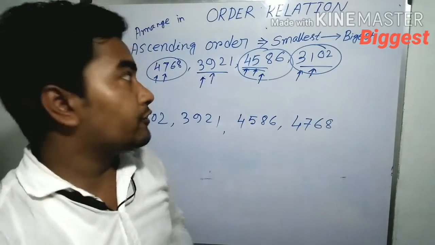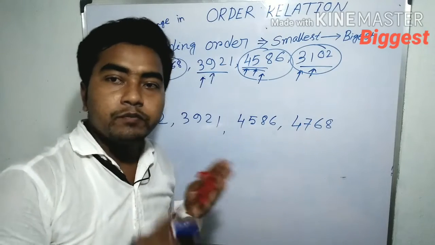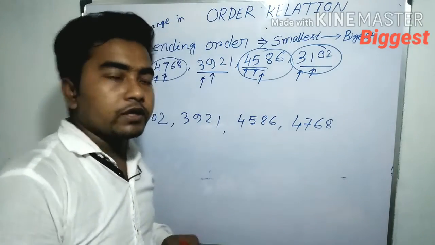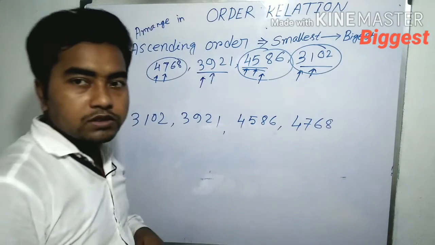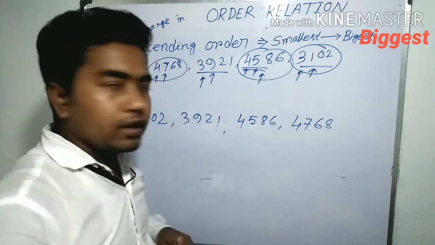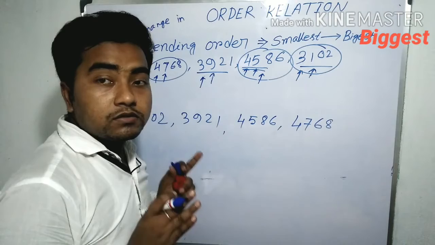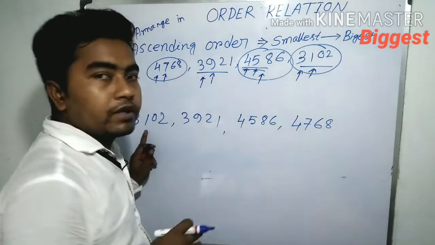If we write these numbers in descending order, then the first one will be the biggest number, then down to the smallest number, so biggest to smallest. If we arrange these numbers from biggest to smallest in a similar way, we can compare and say that this number will be the biggest and this number will be the smallest.